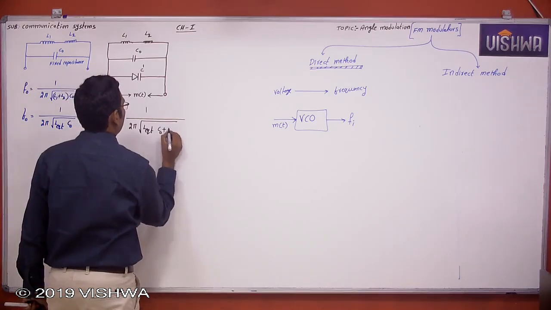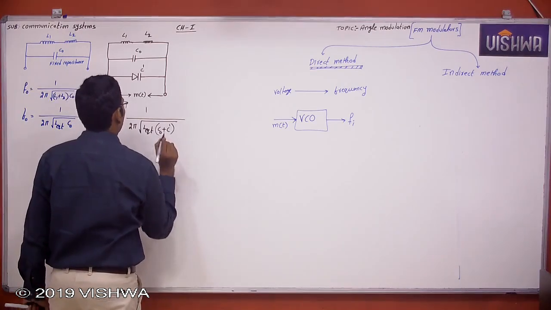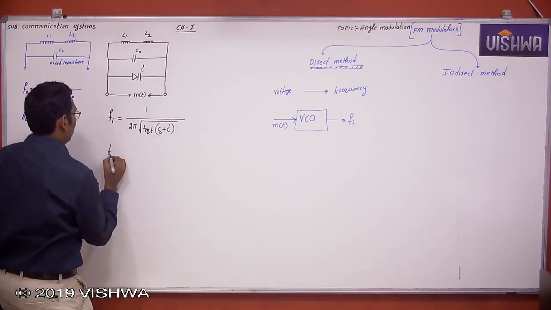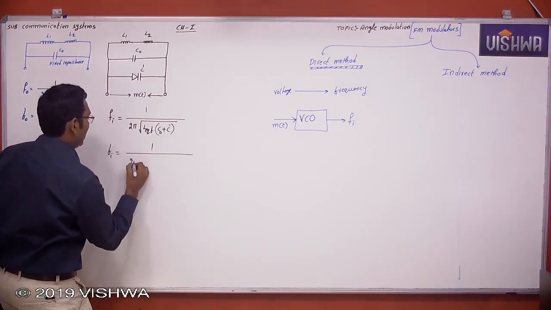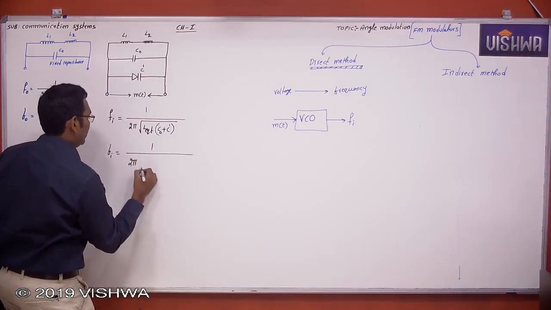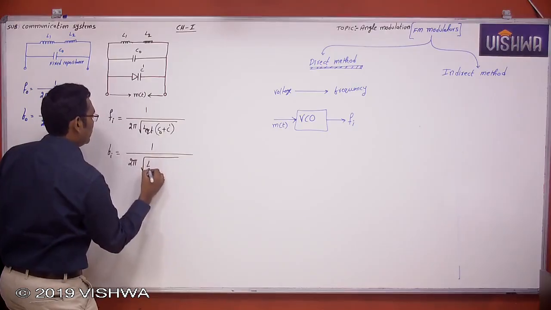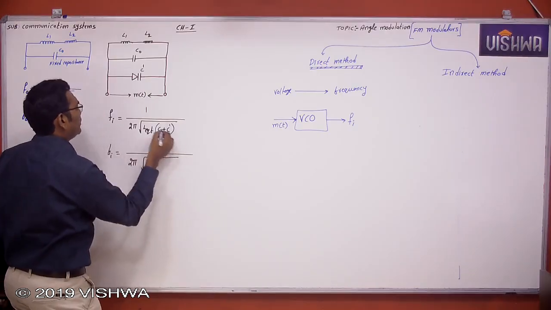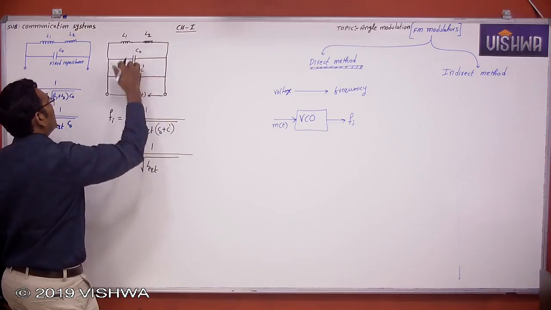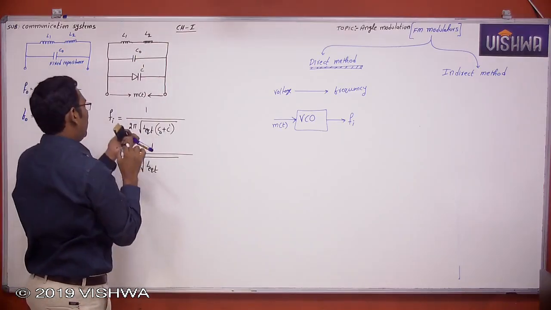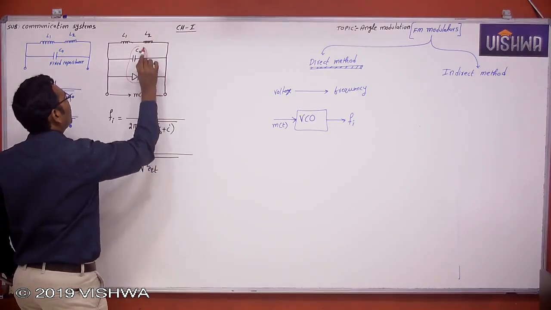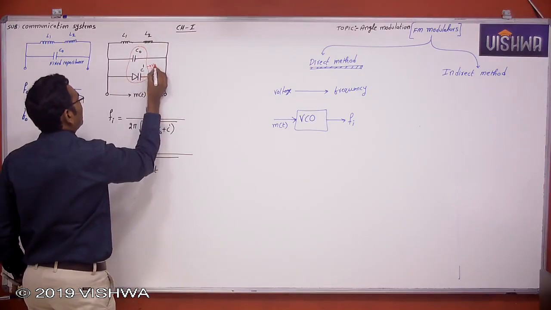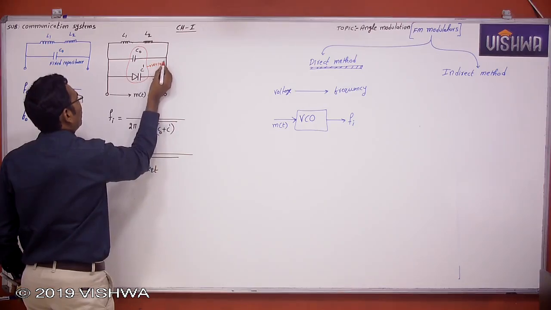Now Fi is equal to 1 by 2 pi root L equivalent into, this is the variable capacitance now. Okay, this is the fixed capacitance. Now when the controlling voltage is available, this C dash is the variable capacitance now. These together, now this will become variable capacitance.